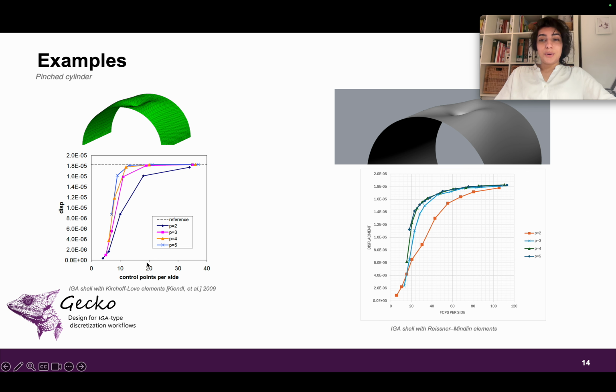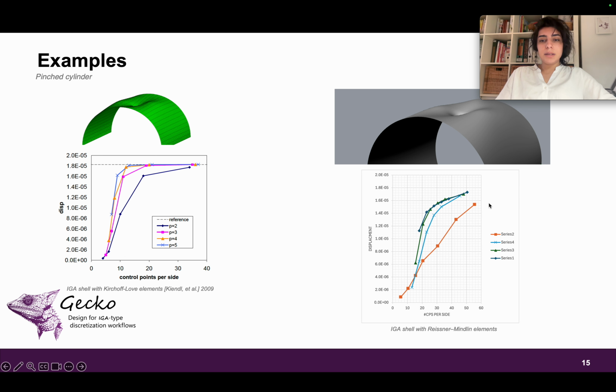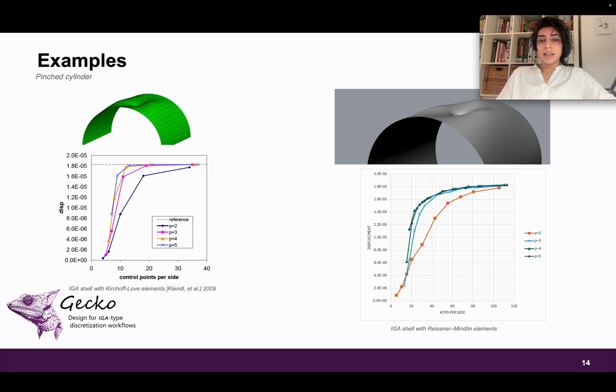We can see that we're already converging at almost 15 control points per side, let's say 20. In the Reissner-Mindlin case, we do see that we need more refinement, and we get to the same thing at almost 60 control points per side, which is getting too much.